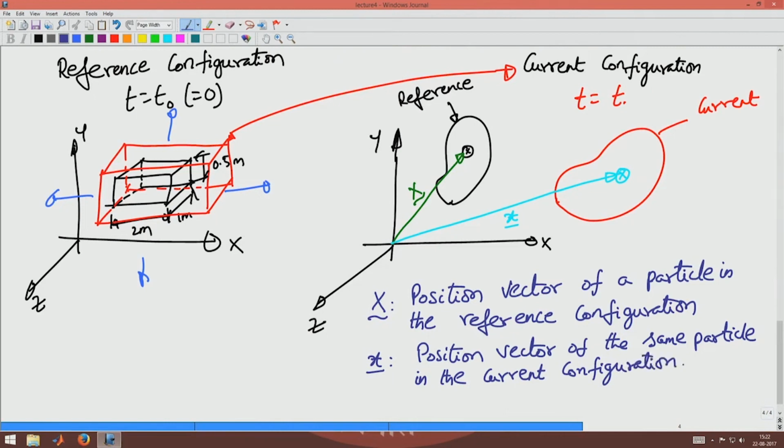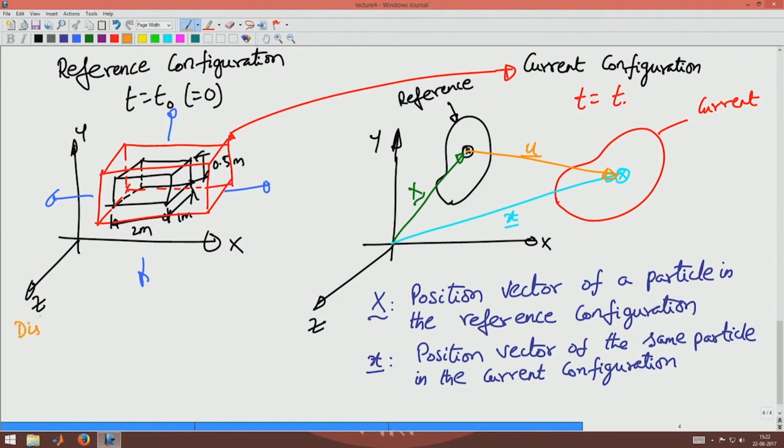Now, there are two things here: one is the displacement of the body and the other is the path taken by the body to reach the current configuration. First, let us understand what displacement is. The displacement of the particle P is this straight line that joins these two. Displacement of the body is the straight line joining the reference position to the current position.